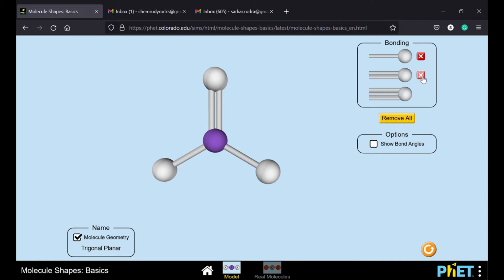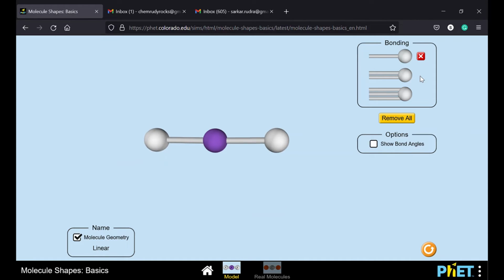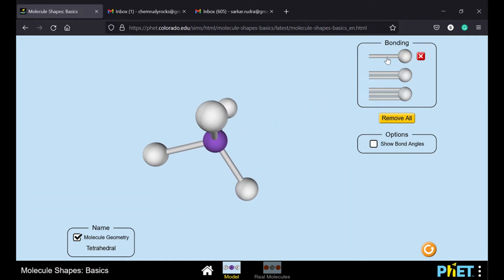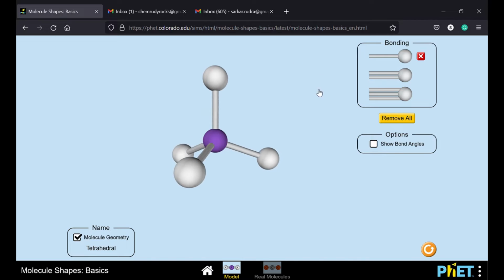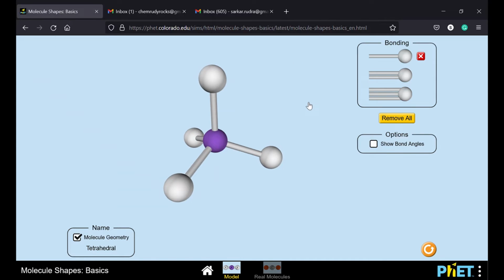Now let us go for another type of molecule which we call AB4 type, in which there are four sigma bonds, or the central atom is attached to 4 peripheral atoms. Now, as I attach 4 bonds, you can see this shape we call tetrahedral.